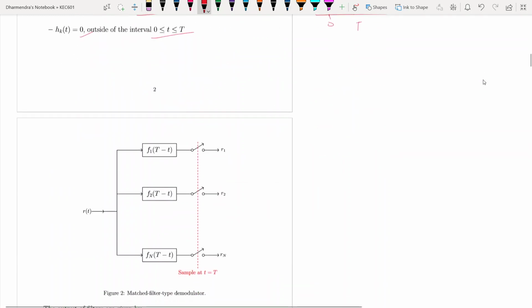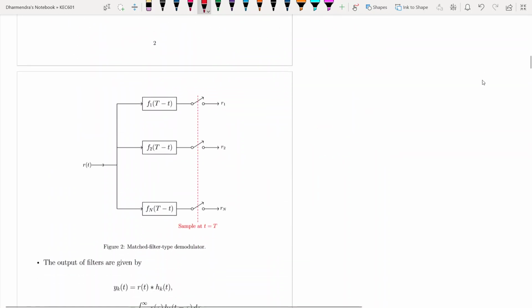So this block diagram represents a matched filter type demodulator.